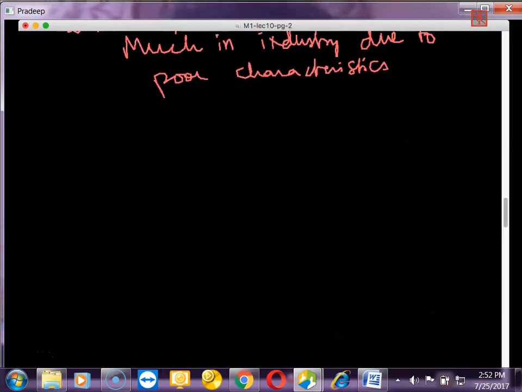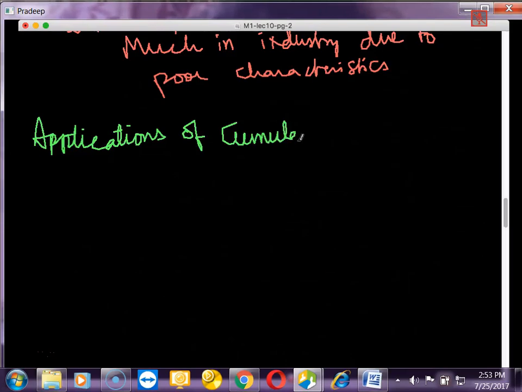So what are the applications of cumulative compound? See, it has both characteristics of series and shunt.